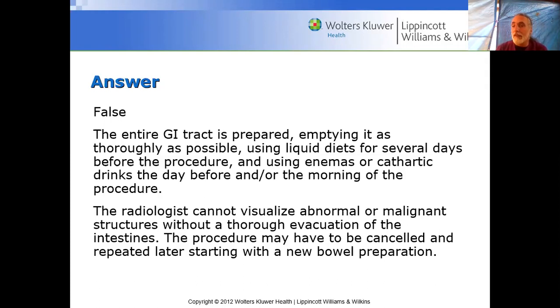The patient drinks it, and the order is generally administered until clear, meaning what's coming out the other end is the same color as what's going in through the mouth. I'm very serious about this.